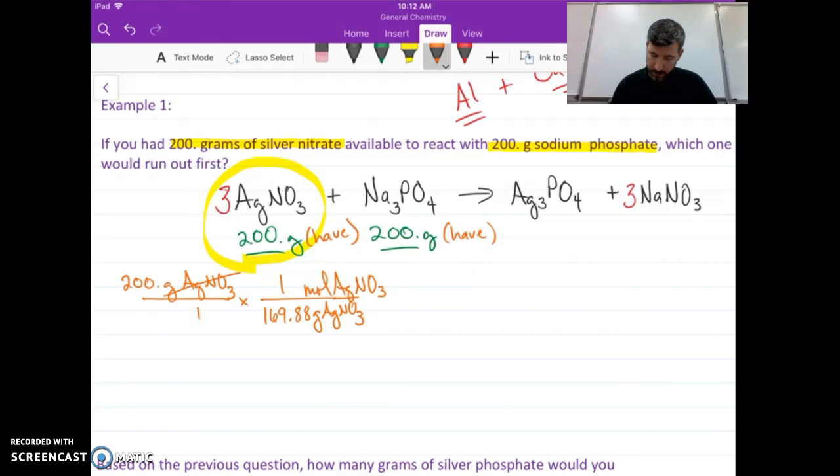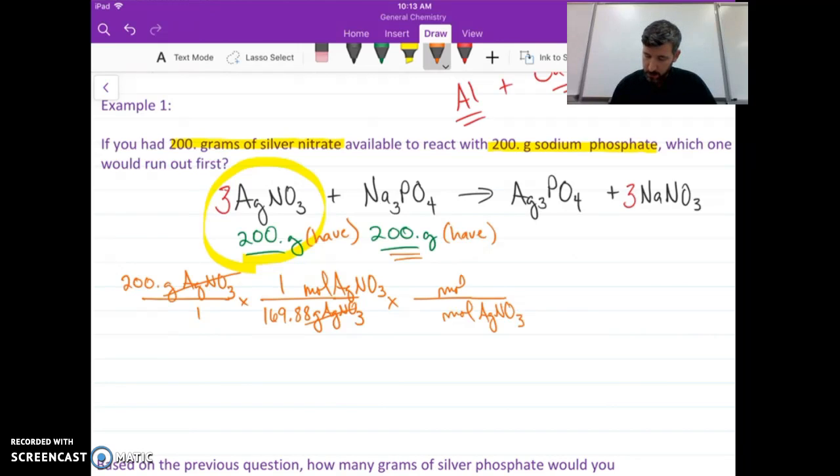Okay. That cancels grams of silver nitrate. Then from moles of silver nitrate, again, ultimately I would like to get to grams of sodium phosphate, because that's what I want to be able to compare to how much I have. But first I have to go to moles.